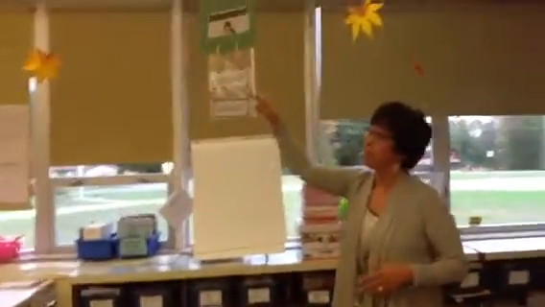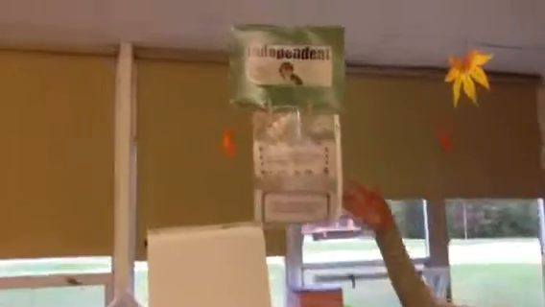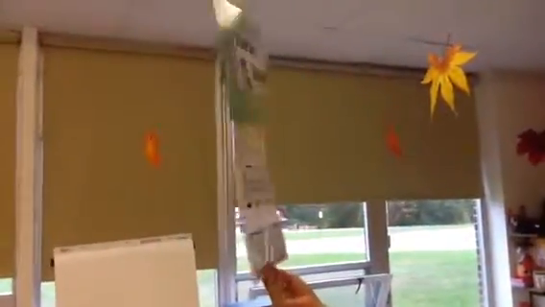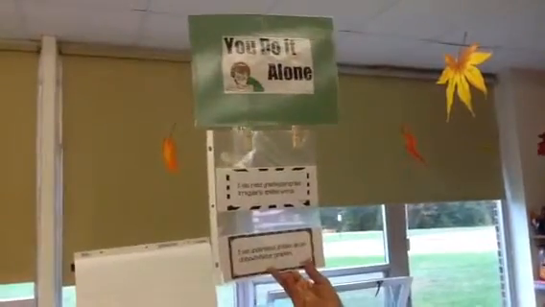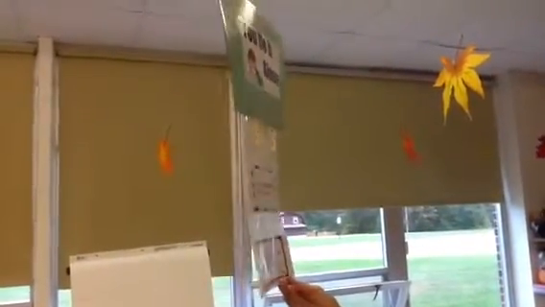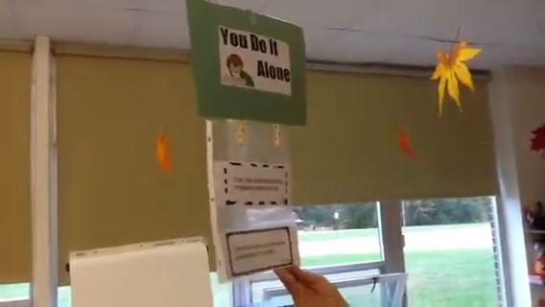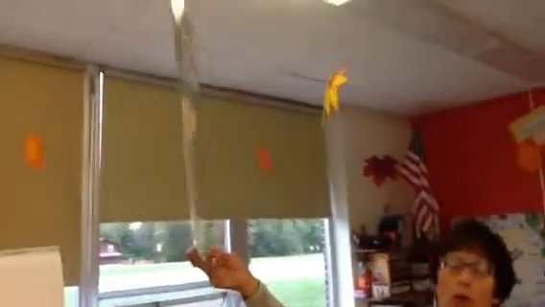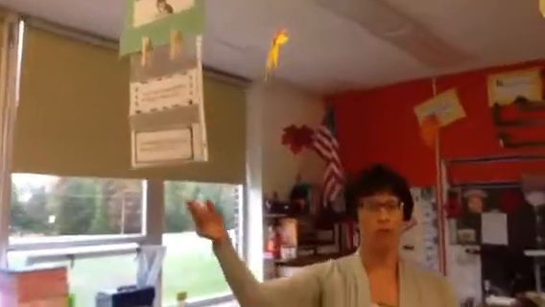One of the other workstations is called the independent workstation, and I teach them by using this "you do it alone," so that they understand what it means to be independent. I also have the icon match, that is a student that's all by themselves. The work that students get at the independent workstation is work that they absolutely should be able to do by themselves.